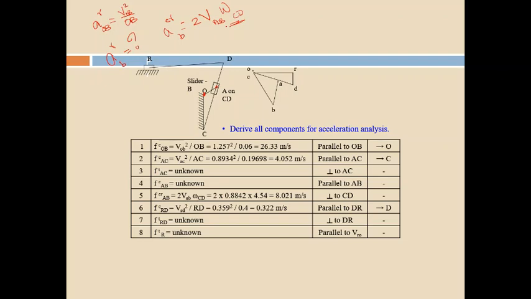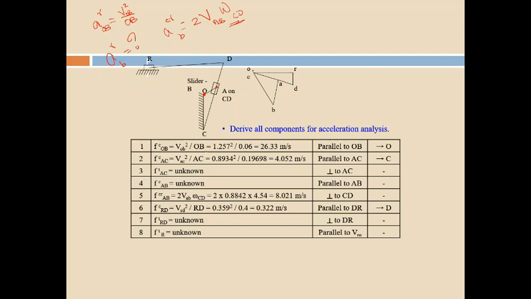What else do we have? We have link CD, so link CD will have a radial component and a Coriolis component, and then link RD, this link will have a radial component and a Coriolis component.